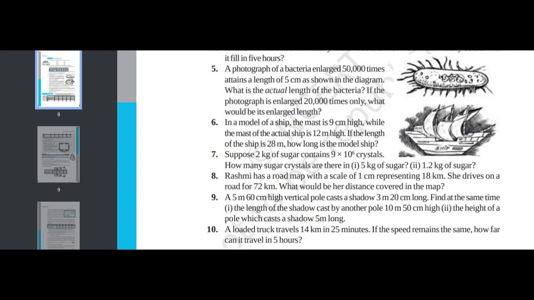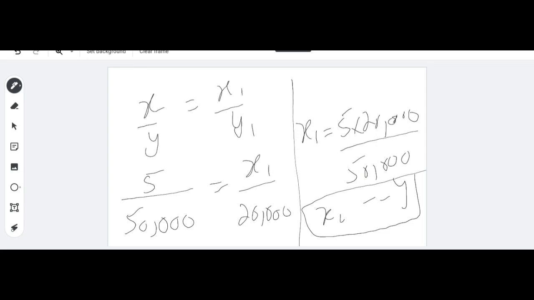I have to find for 5 kg and for 1.2 kg. First I will do for the 2 and 5 kg, and after that I will do for the 2 and 1.2 kg. It means that I have to draw 2 different tables. I will do the second part, you have to do the first part.